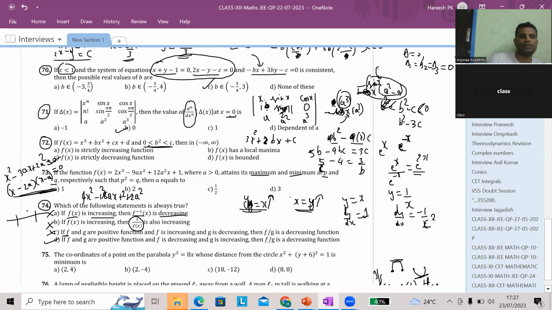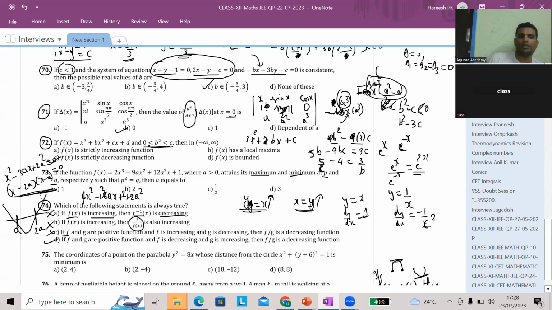How will the f dash function look? The roots are a and 2a. So the function is increasing, then decreasing, then increasing. So where is f dash positive? f dash is positive in which interval?